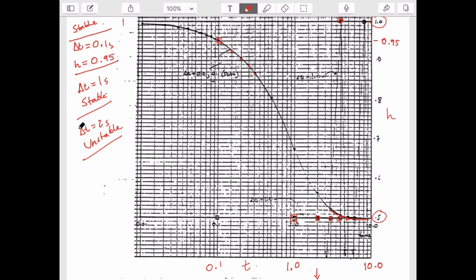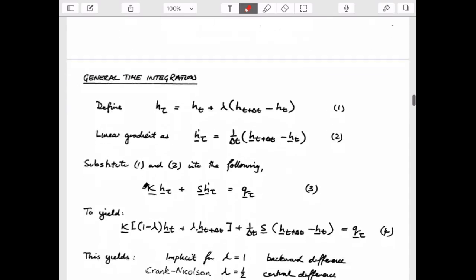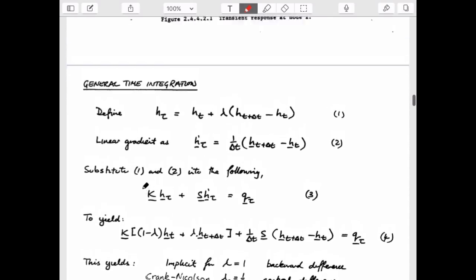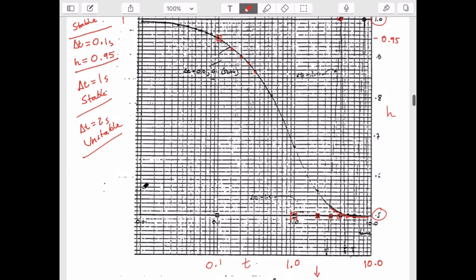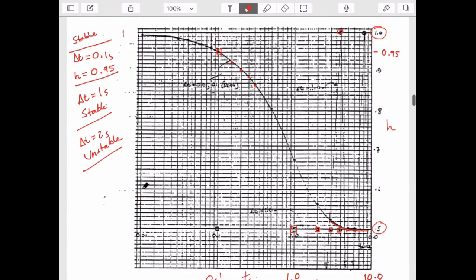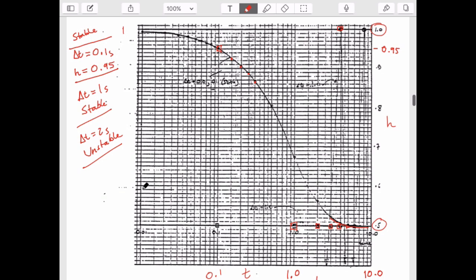And I think if we used a successively larger time step, you could follow exactly where that goes. And so the point is that the explicit method is only conditionally stable. You have to choose a time step which is small enough to be able to do it. And once you get beyond that time step, then you're in a bit of trouble. Okay?